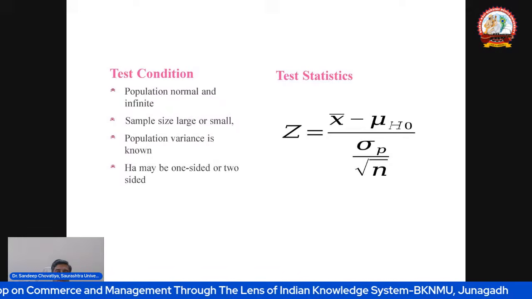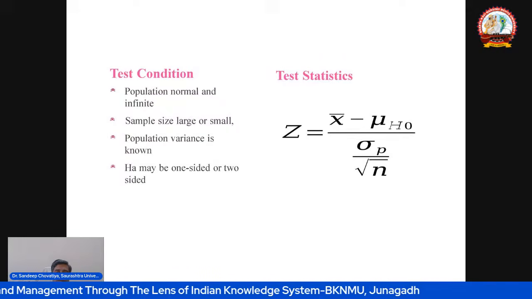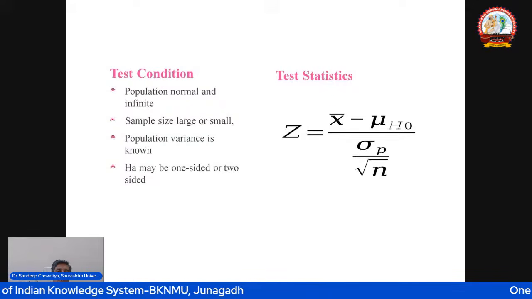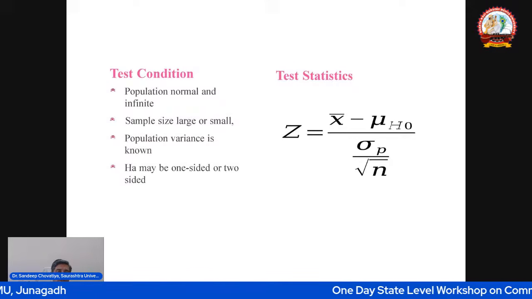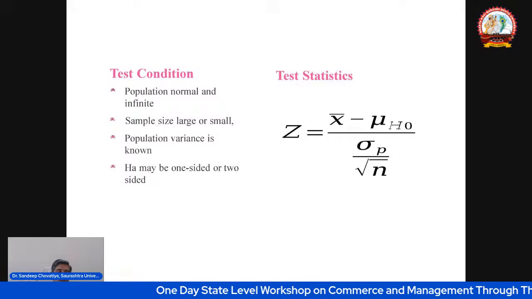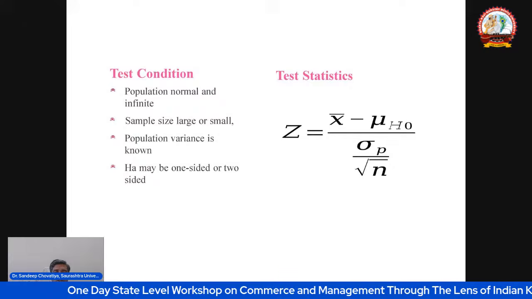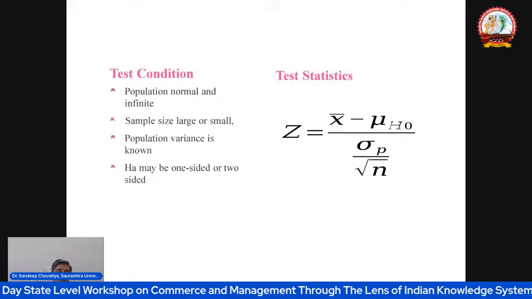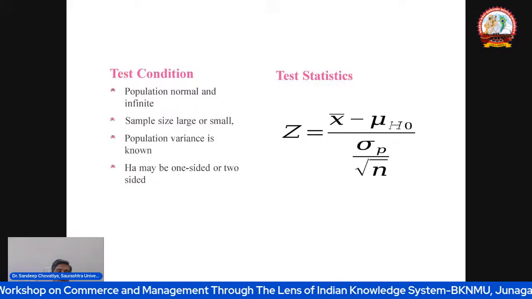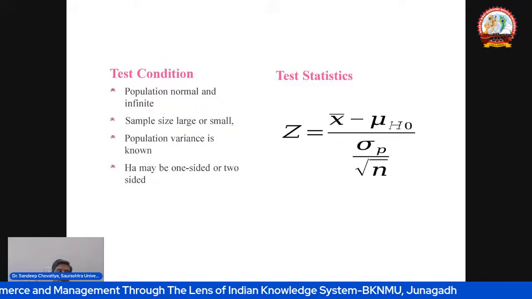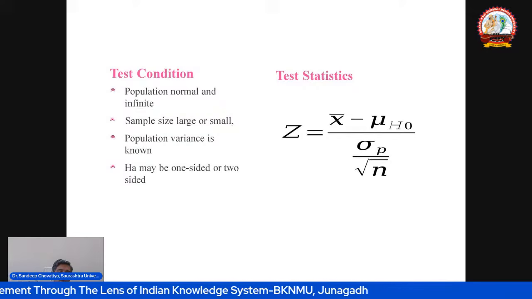When we discuss the Z test, the conditions are that the population is normal and infinite, and the sample size, large or small, is more than 30. The population variance is known. The alternative hypothesis may be one-sided or two-sided.